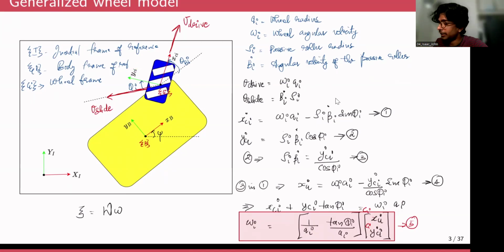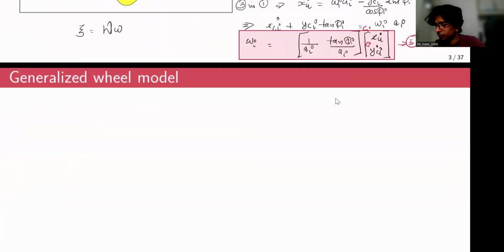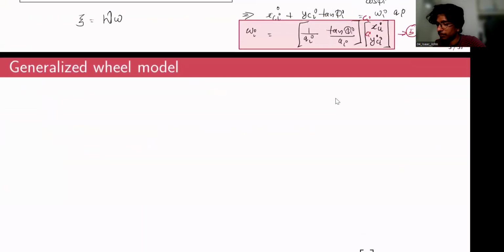The next step is to represent this XCI dot and YCI dot with respect to the B frame of reference. So how do you do that? If you recall from the previous week, if you have two frames of reference with a relative orientation, I'll call this the B frame, XB, and this could be YB.